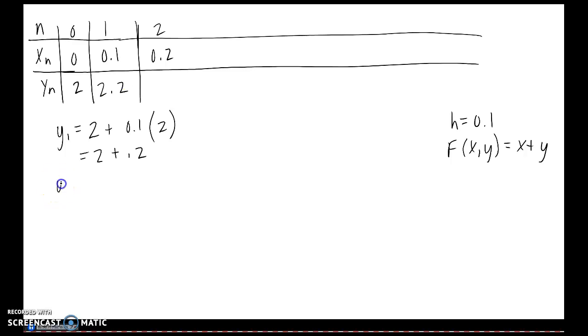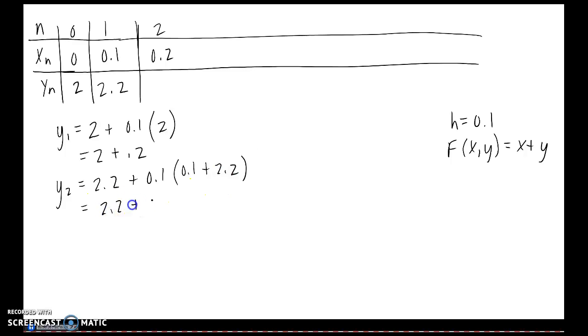Seemingly simple. So now my second y coordinate, I take the y coordinate of the first approximation, I add to it h times the value of my derivative from the previous point. So remember my differential equation is just x plus y. So I take my x coordinate, I add it to my y coordinate, and this would be the value of the derivative.